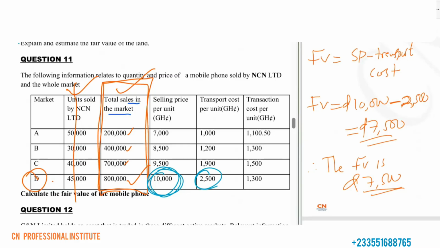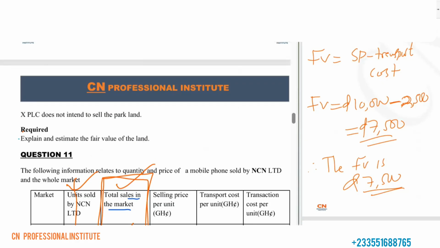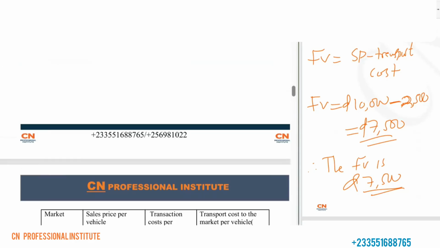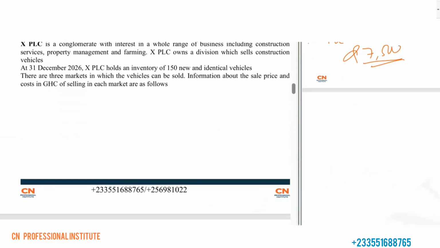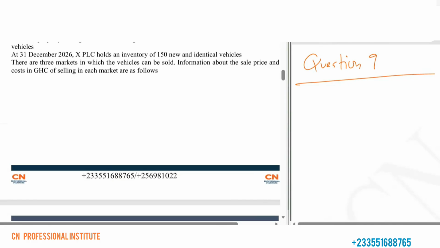We are going to solve another question. So let's go to question 9. That's question 9. It says XPLC is a conglomerate with interest in a whole range of businesses, including construction services, property management, and farming.